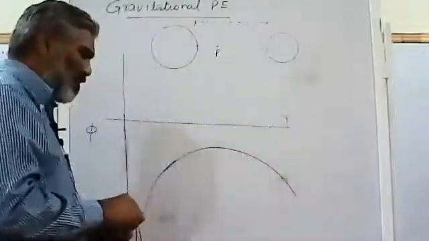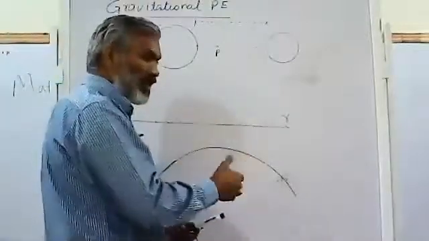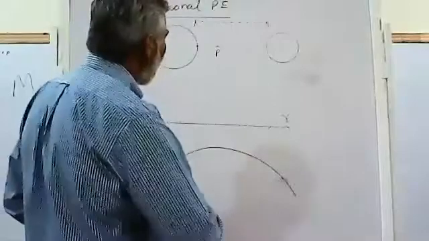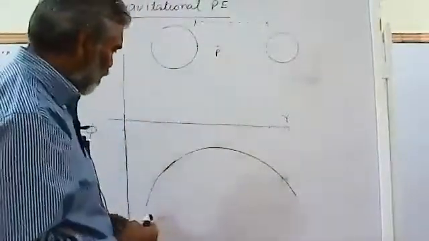And the question is about what happens to the gravitational potential energy and the kinetic energy if this object is allowed to move freely between the two masses.